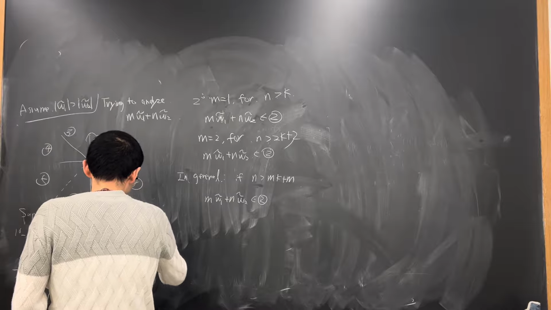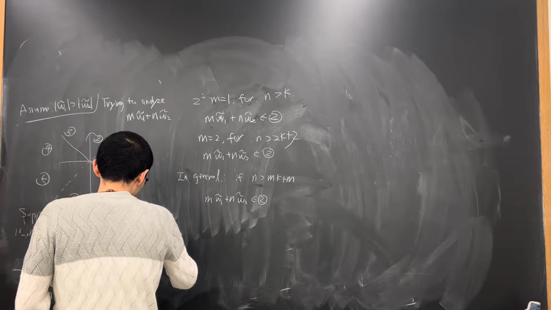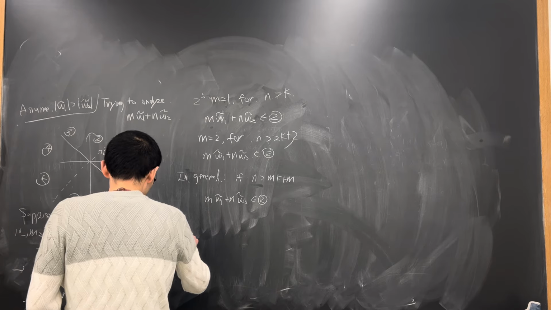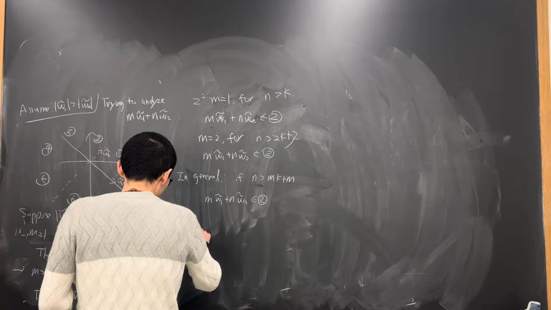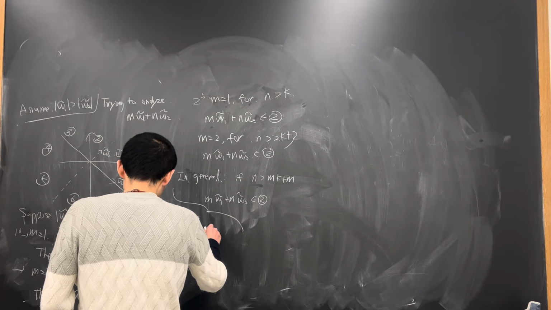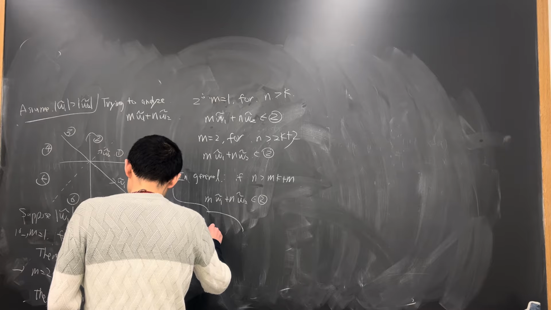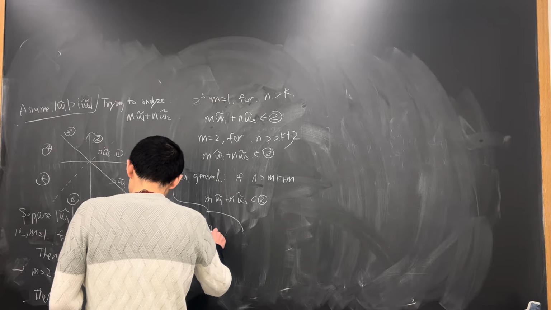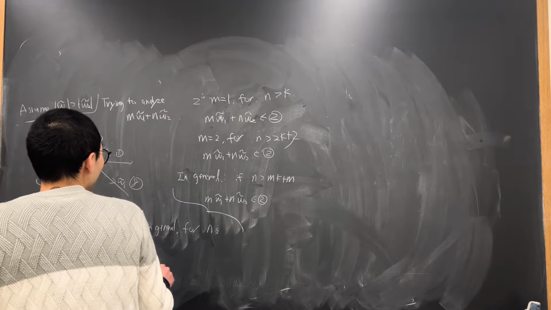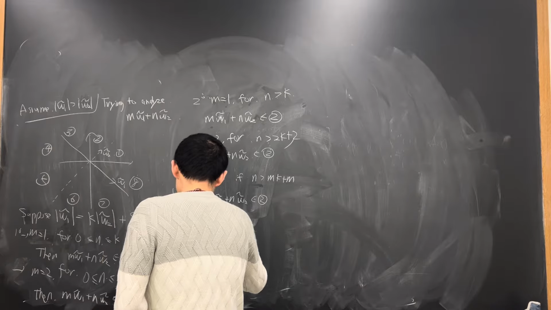So in general, what we have is that for n less than or equal to mk, right?